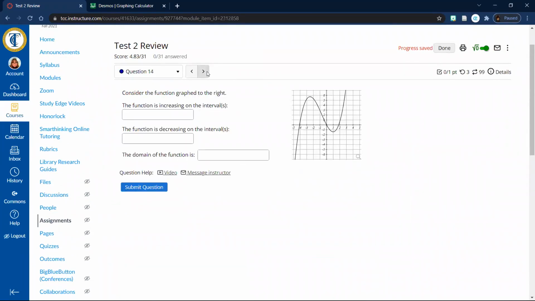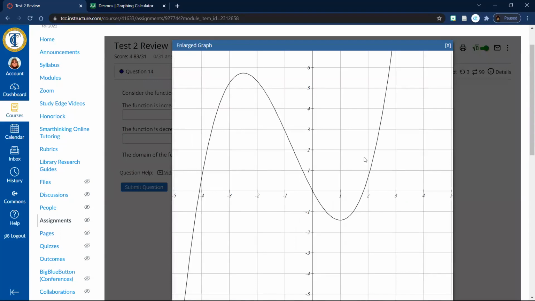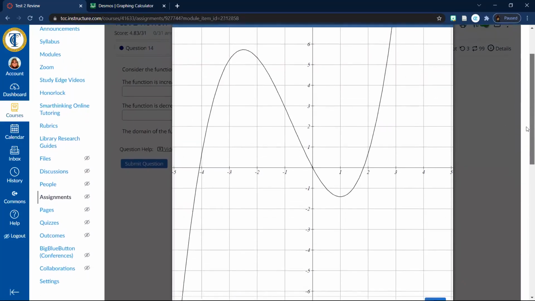This is another function increasing, function decreasing. So if we're looking at this, where's this function increasing? X values wise. X values is going to be negative infinity to about, I want to say, -2.5.